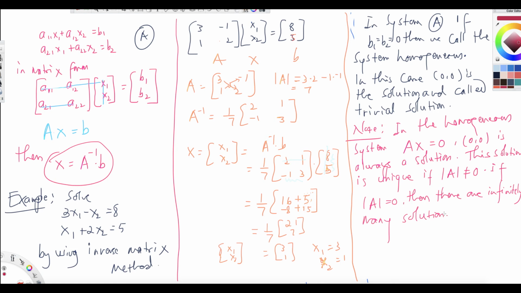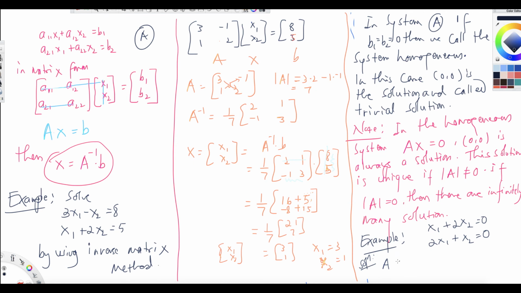Okay, if you want to think of an example, let's take an example. So what is the type of situation there? Example, let us consider two equations. Let's say x1 plus 2x2 equals 0, and then 2x1 plus x2 equals 0. So what is the matrix A here?